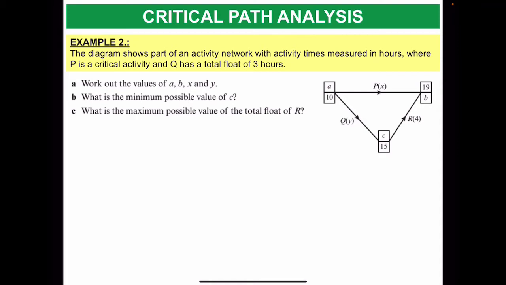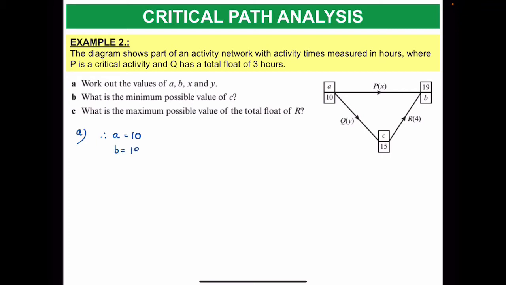So let's start with this one first. A case, because P is a critical activity, I know that the early time and late time at each vertex, at the end of the activity, I mean the arc or the edge that represents the activity, must be the same. So from here, you can just write directly A is equal to 10, and then B is equal to 19.